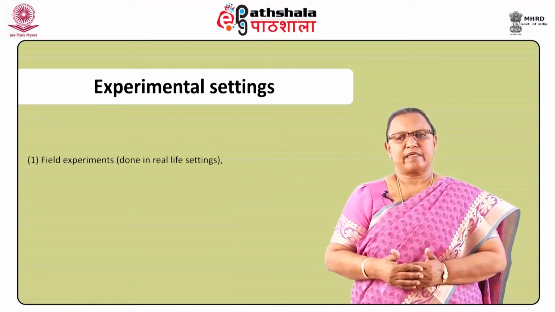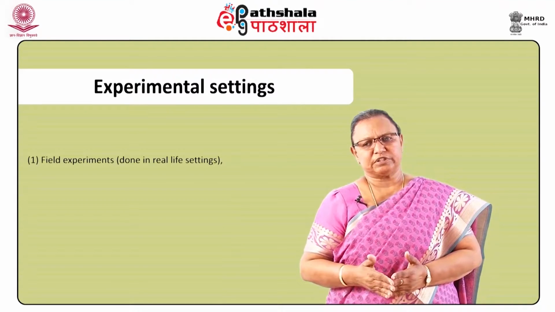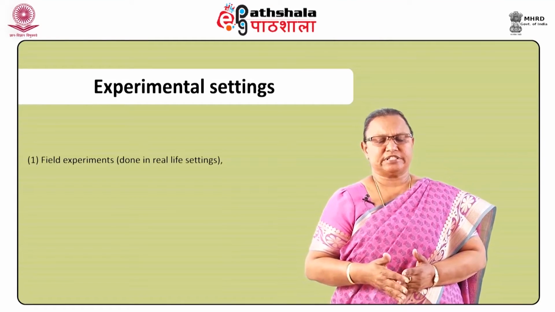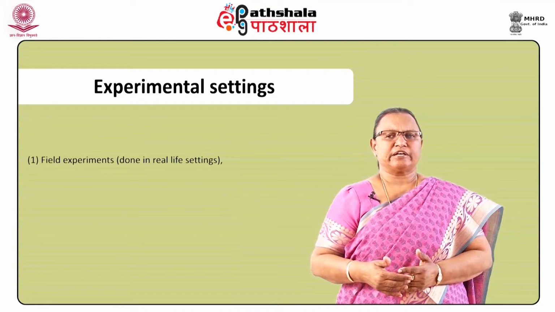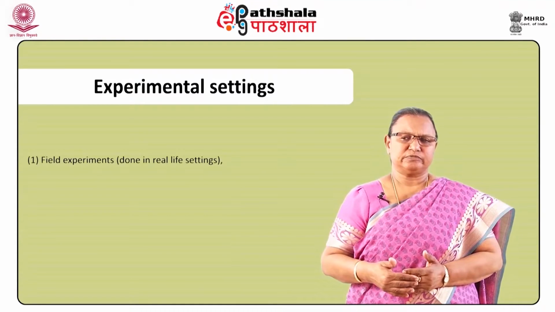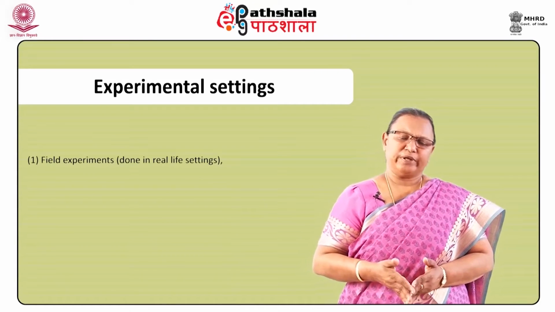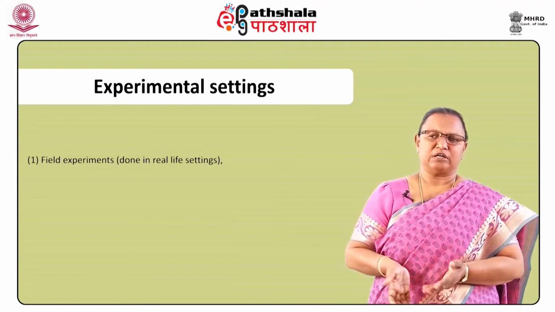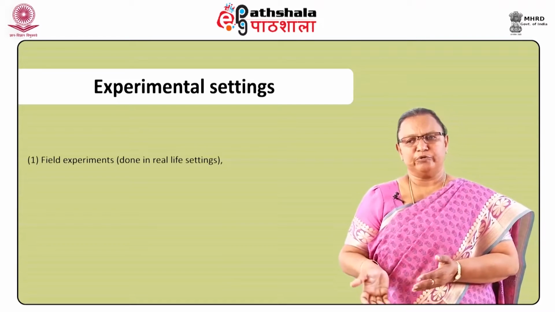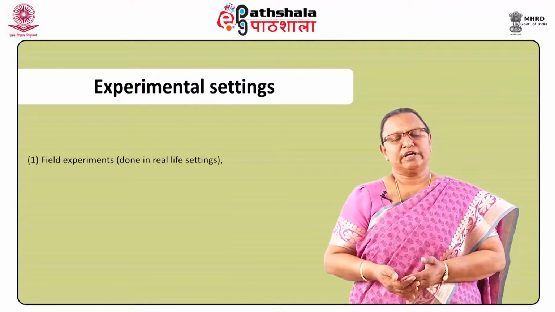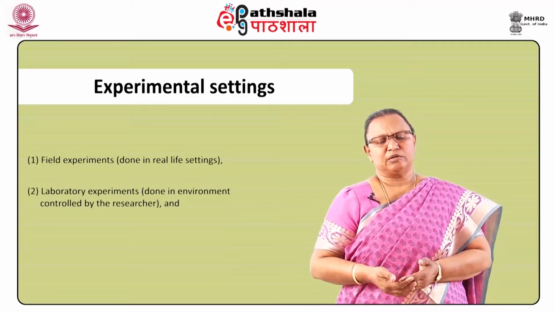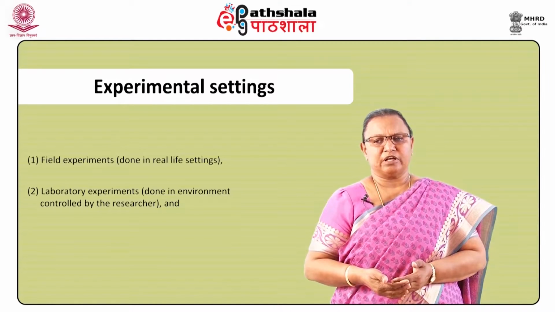Experimental settings can be done in a field, that is in a real life setting, like for example in agriculture, it can be in a plot of land, or with human beings, it can be among a group of people, the community, or experiments can be set in the laboratory.